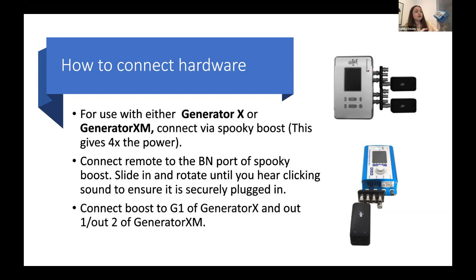You want to connect the XM to out 1 and out 2 with this side, the side with 2, not the side with many. So can you see? Out 1 and out 2. Here, and just push them in gently.